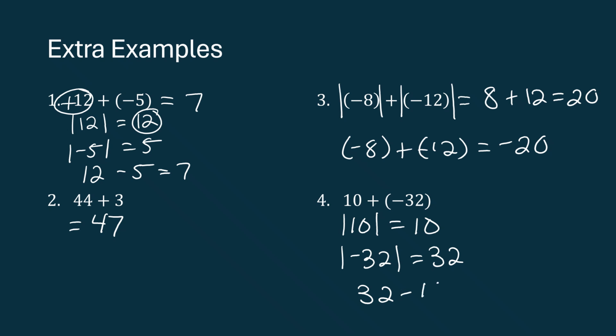So 32 minus 10, we're going to get 22. Since 32 was the larger of the two absolute values, we're going to look at 32 in the original problem. It was negative in this case. So instead of our answer being positive 22, it's going to be negative 22 because 32 was that larger absolute value and it was negative in the original problem.